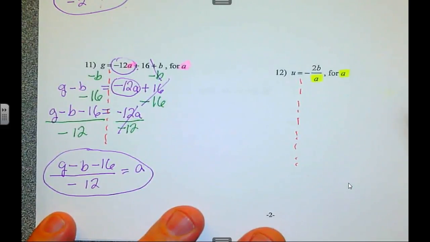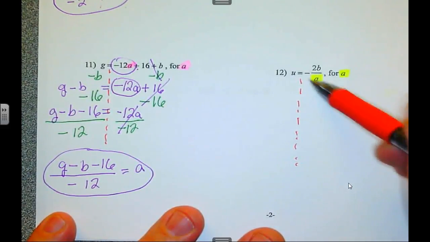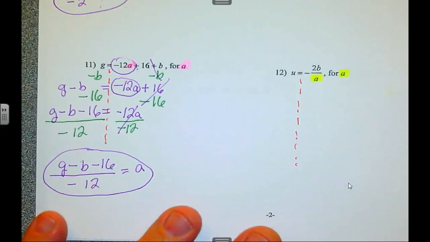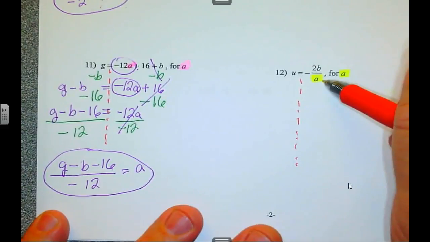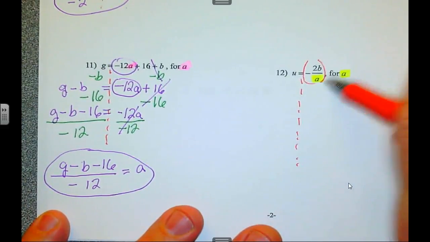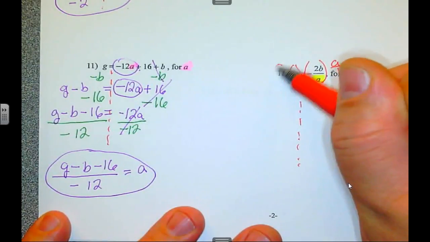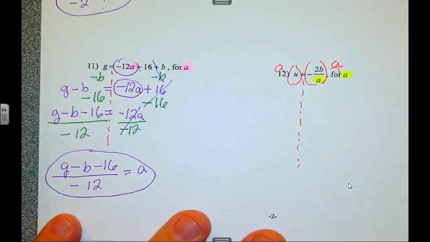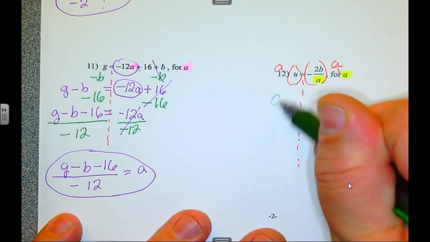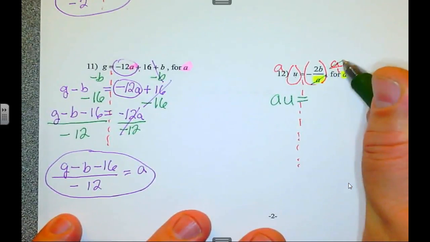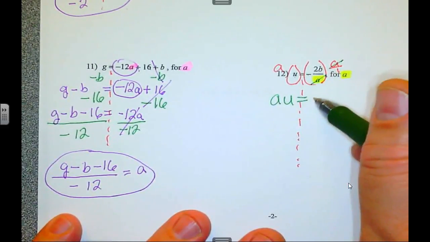The only way to get the numerator gone is to get your denominator out of there. So even though we're solving for A, let's multiply both sides by A over 1, because that's the only way I can unlock that numerator. So I get A times U equals, now my A's cancel, I get negative 2B.